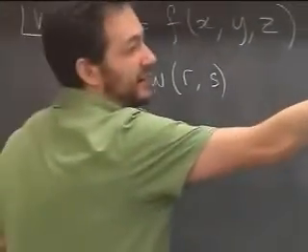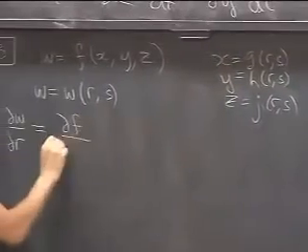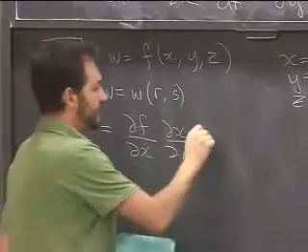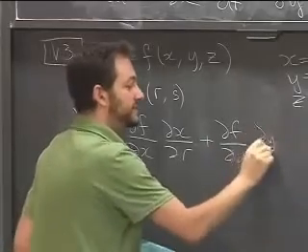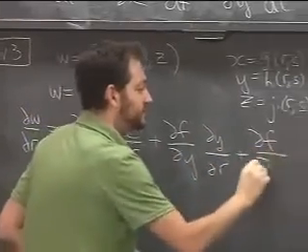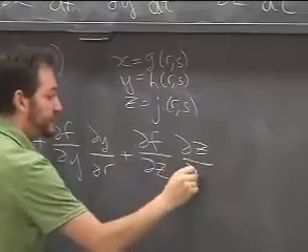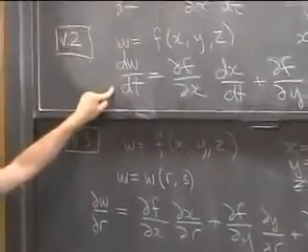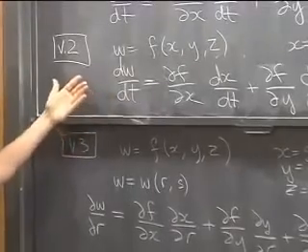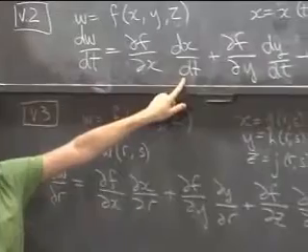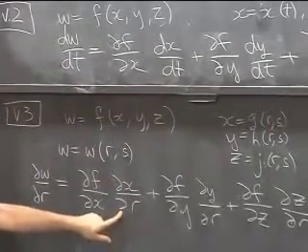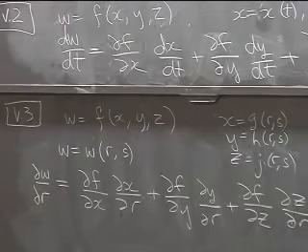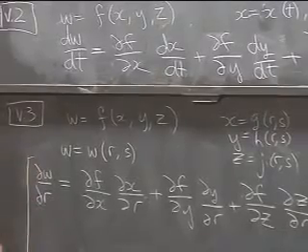As we change r, x will change, so we have df dx, dx dr. We also have a y change, df dy, dy dr, and a z change, df dz, dz dr. The only difference between this formula and this formula is that r has replaced t, but these regular old d's have become partial because x depends not just on one variable but on two, r and s.